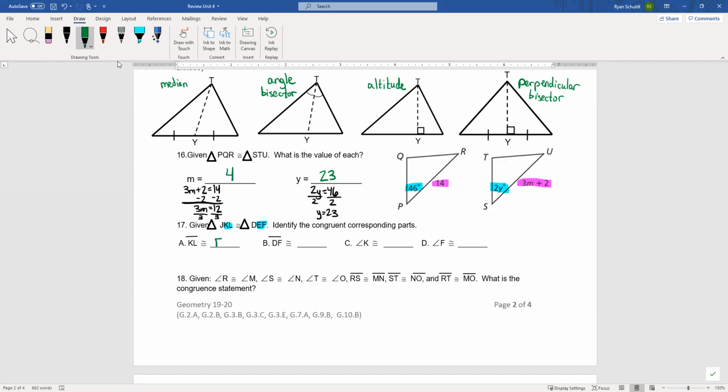So this would be segment EF. Then we have segment DF. That would have to go with JL. Remember, you gotta have them in the same spot. DF goes with JL.